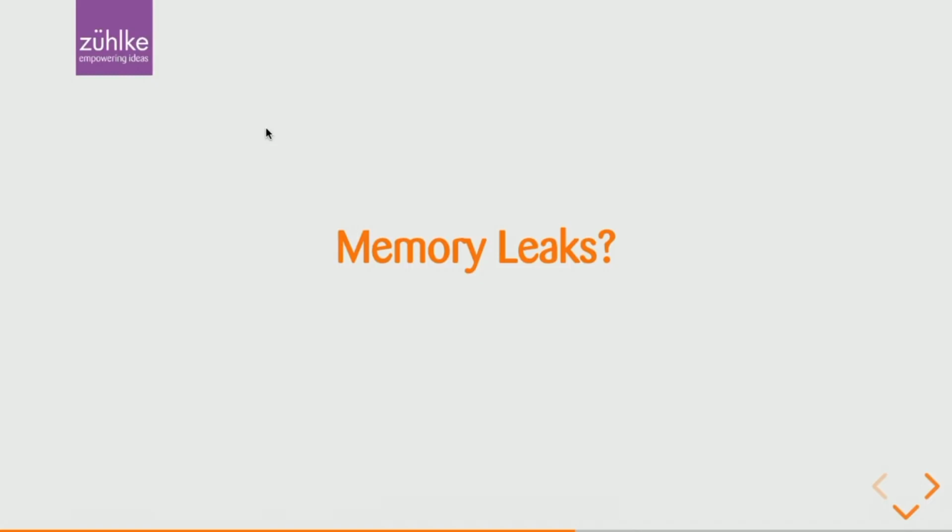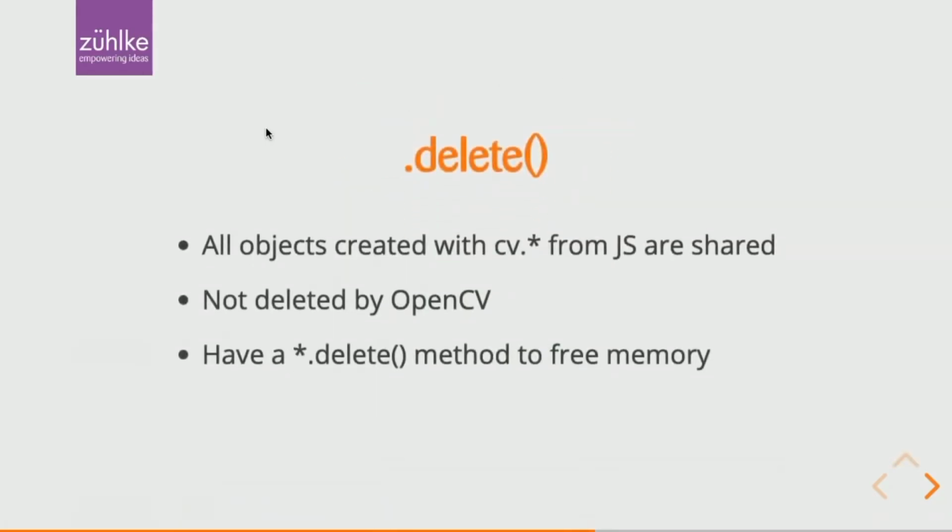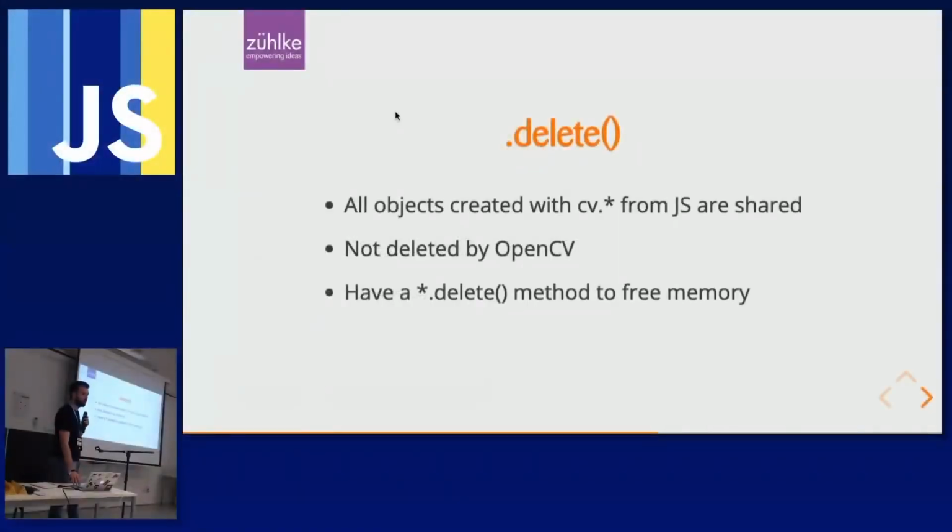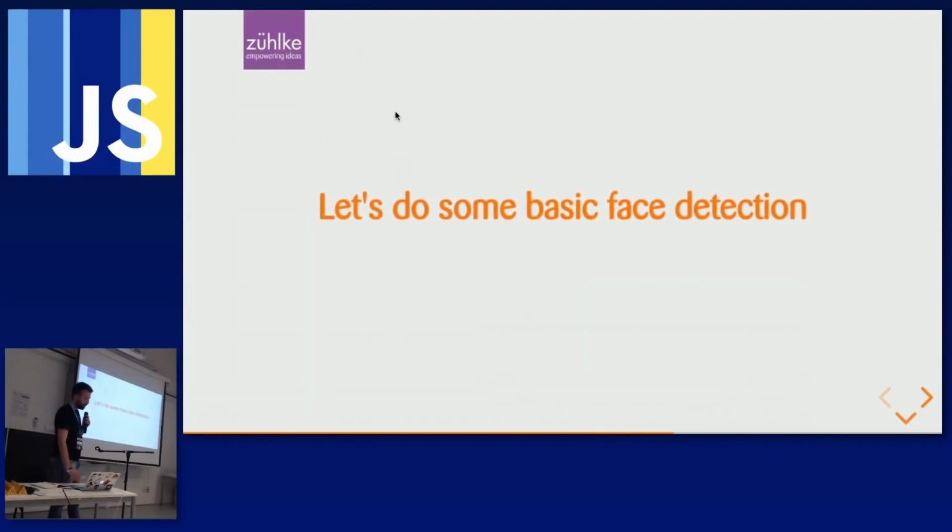Now, since we start when the web page loads up and we end when the web page is closed, we don't need to care as much, but usually all these objects, the matrices, have a delete function on them. If you don't need them anymore, you would actually have to call delete because, yeah, it's C, right? We have to free memory. It won't be garbage collected. Yep. But in our example, we won't have to care about that as much.